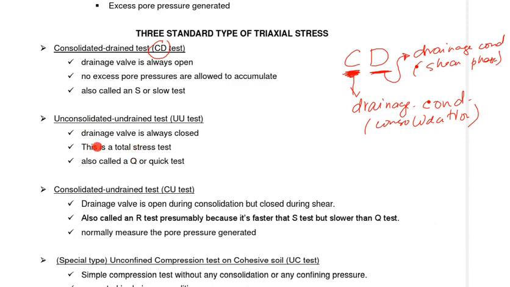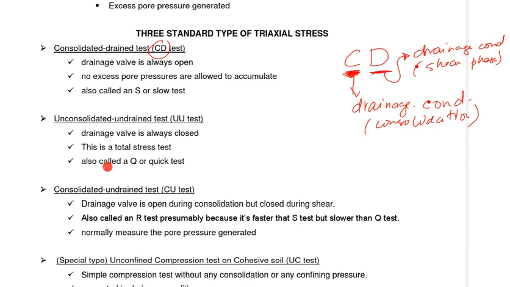So yung gagamitin natin sa UU test or yung unconsolidated undrained test is yung total shear stress natin. Kasi we do not usually measure the pore pressure generated kasi yung drainage natin is closed.